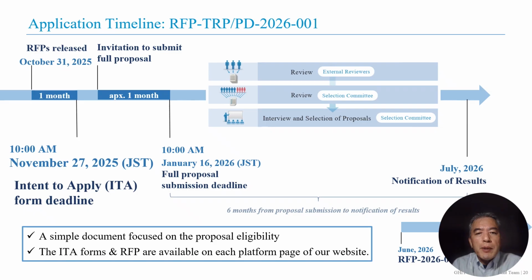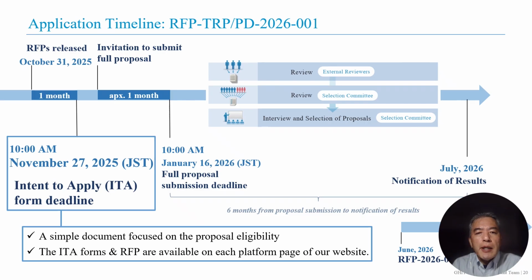The first step is to submit an intent to apply, ITA, form by 10 a.m. Japan Standard Time on November 27th, 2025. The ITA form is a simple document used to check basic eligibility. Forms are available on each platform page along with the RFP.